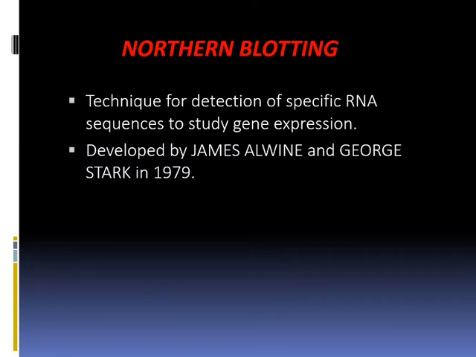So already we have seen Southern is for DNA, Northern is for RNA, and Western is for protein. It is a technique for detection of a specific RNA sequence to study gene expression, developed by James Alwine and George Stark in 1979.